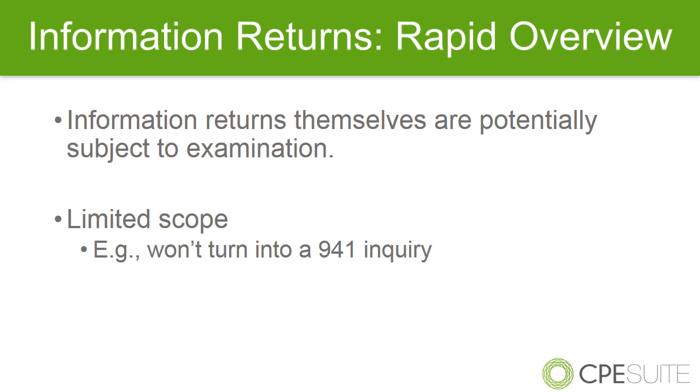A lot of taxpayers fear that when they get this kind of a situation, it's going to blow up into a 941 examination, a 940 examination, an 1120S examination, something of a much bigger scope and nature, a much scarier scenario. But the fact of the matter is that if there is an information return examination, it is limited in scope only to the information returns.